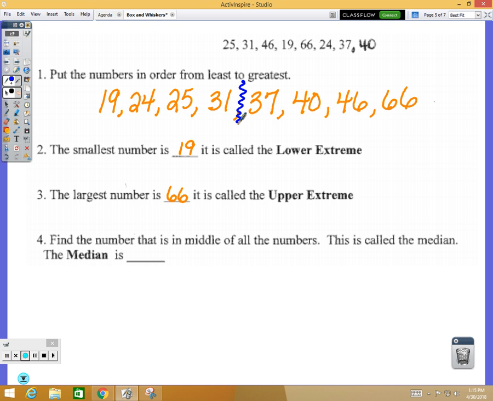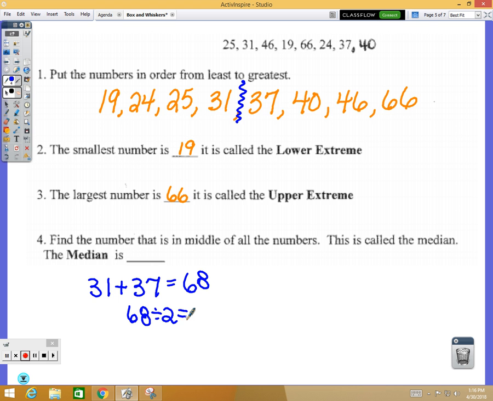Good. We need to add the two numbers in the middle, which are 31 and 37. That gives me 68. And then I'm going to do 68 divided by 2. If you did not remember how to do that, you probably want to write down this work right now. You shouldn't have to be counting on your fingers trying to figure out what's in the middle of 31 and 37.